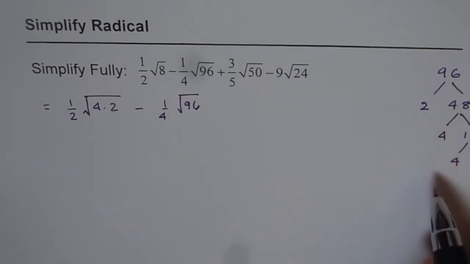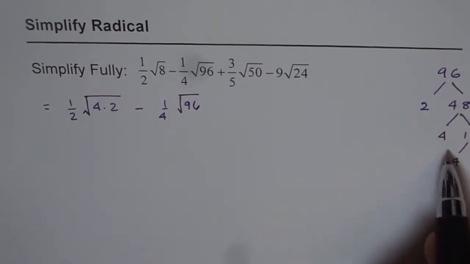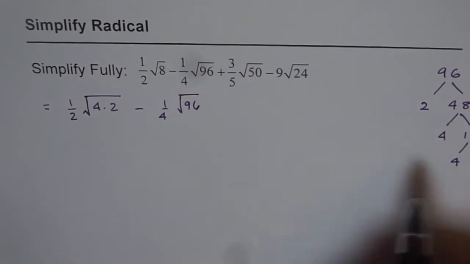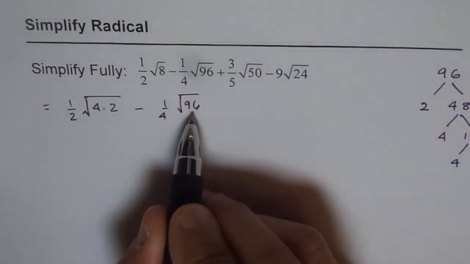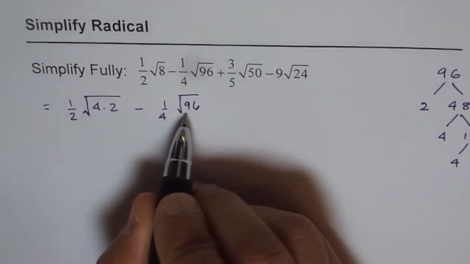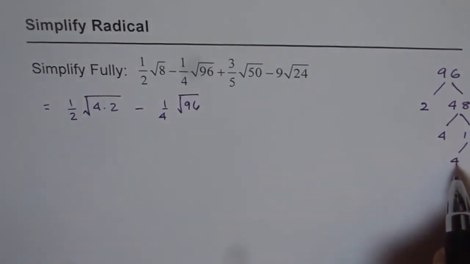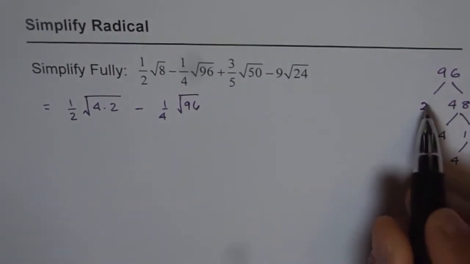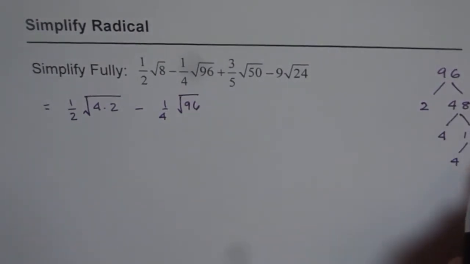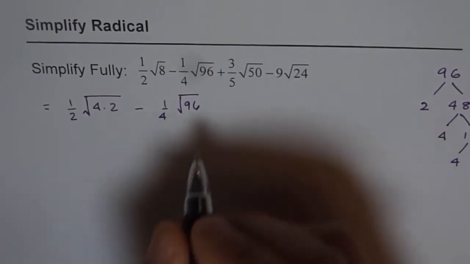You get the term 96. So you can write all these factors inside to write 96, right? Here 96 could be written as a combination of these. As you can see, we have two 4s, so we could factor out one of them. So we will be left with 6 inside the radical.